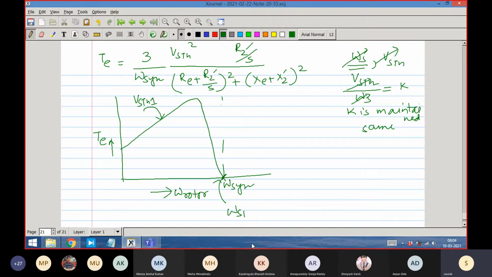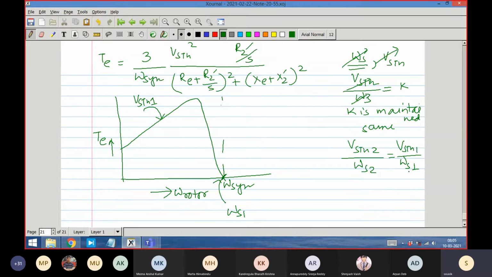Now what we have done is that we have changed the voltage, but we have not just changed the voltage, we have changed the voltage along with the supply frequency, maintaining the ratio the same. That means we are changing to a new voltage VSTH2 by omega s2, which is nothing but VSTH1 by omega s1.